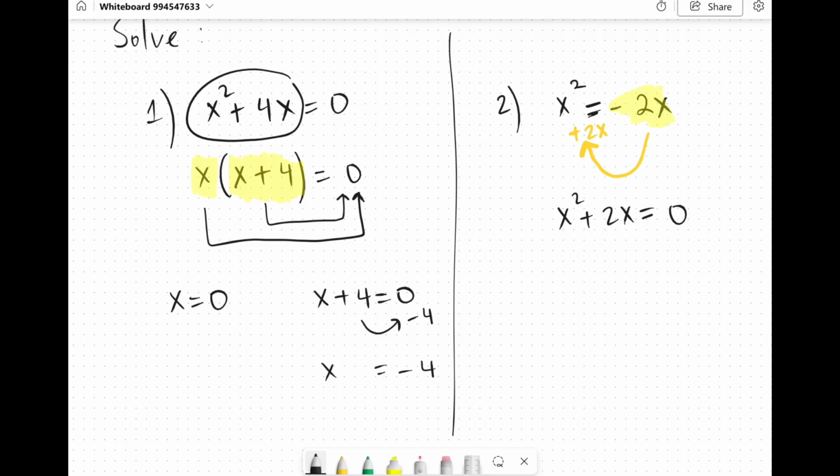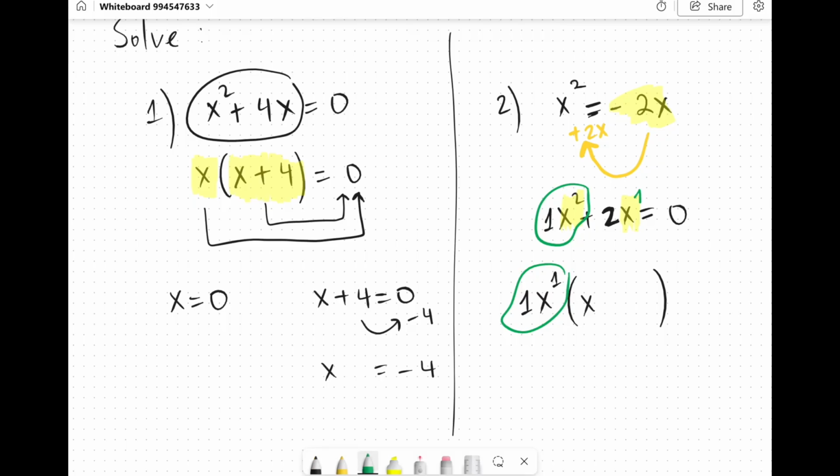Now we factor. The greatest common factor for 1 and 2 is 1. The greatest common factor for x squared and x to the power of 1 is the x with the smaller exponent, so x to the power of 1. Now let's describe what's left inside. If you divide 1x squared by 1x to the first, that's x.